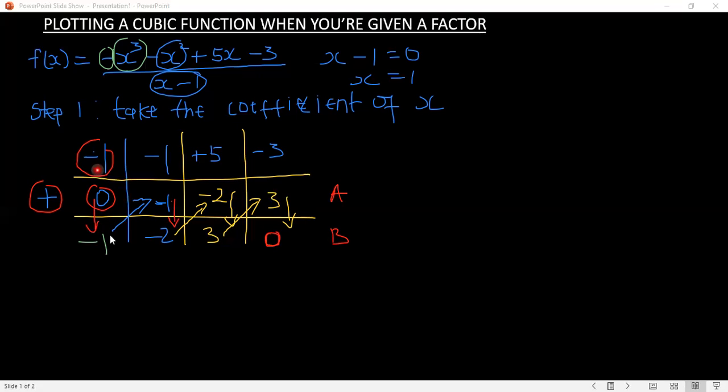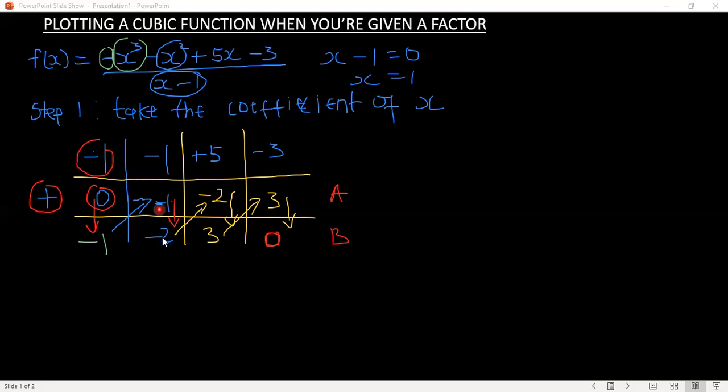Okay, let me repeat these steps. I said from here, in order for you to get this answer, you must say -1 plus 0. Then you get this one. Then from here to there, we multiply by our x value. In other words, we take this number that we got when we were adding -1 plus 0, then we multiply it with our x value. So it's going to be -1 times 1, which is equal to -1.